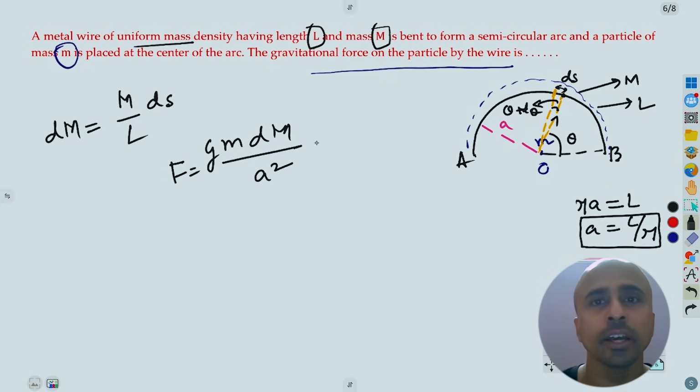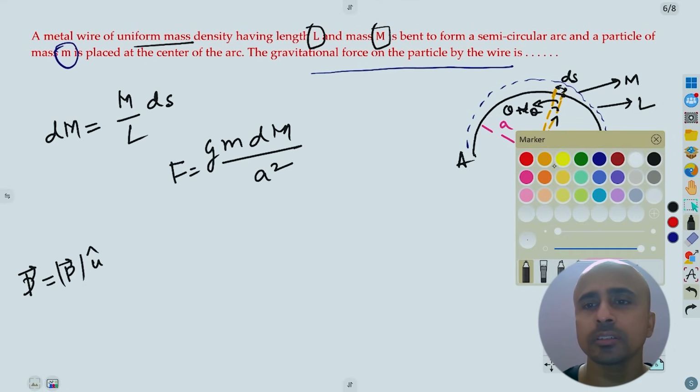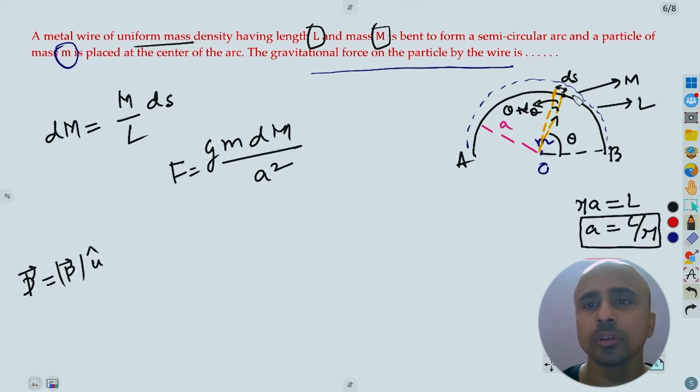How do we obtain the direction? Let's say p is a vector. How do we write it? We write the magnitude of p vector times a unit vector along p vector. So we need some unit vector along this direction. Let's name this as OP.